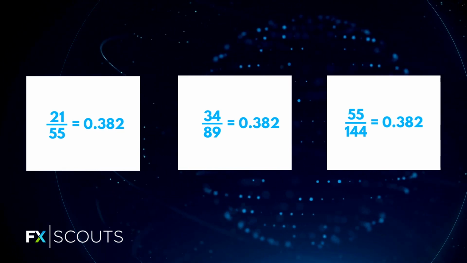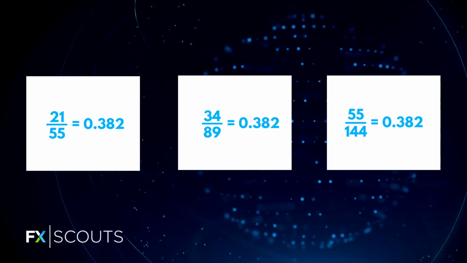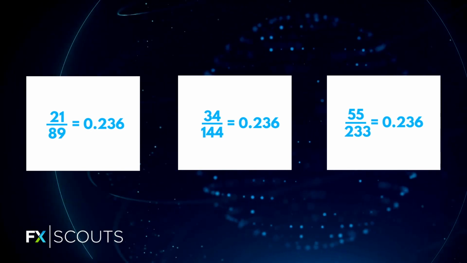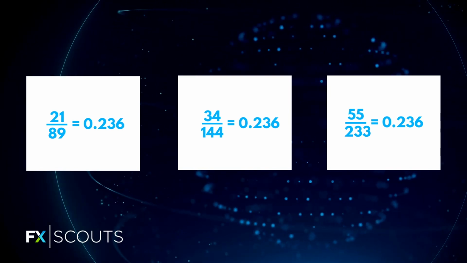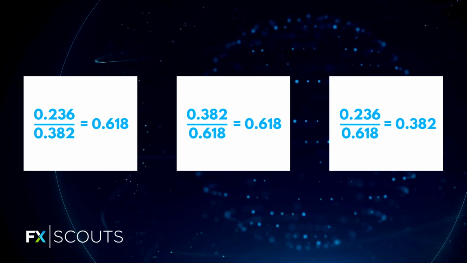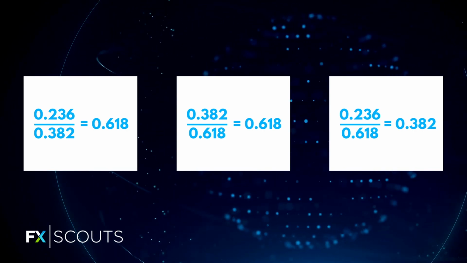So if you divide 21 by 55, you get 0.382, 34 by 89, 0.382, and so on. And similarly, the ratio of any number to the number three places ahead tends to be 0.236. Dividing these Fibonacci ratios will result in either 0.618 or 0.382, as you can see here.